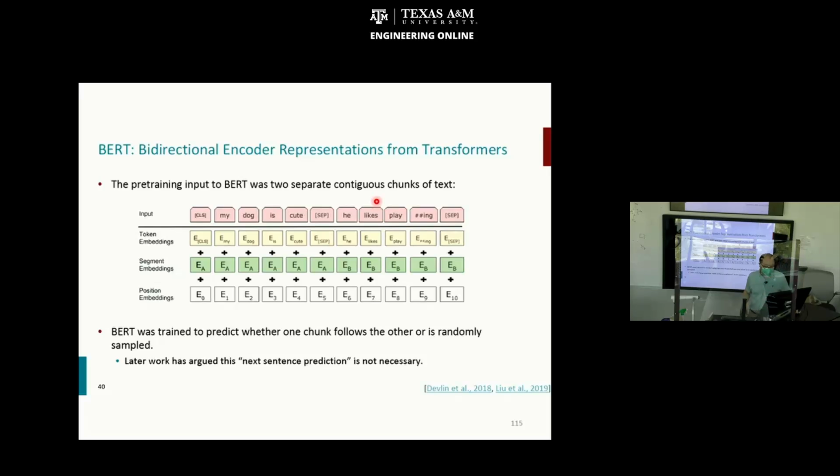Then BERT will be pre-trained to predict whether sentence 2 is randomly sampled or it's really following sentence 1, okay? This is something similar to what we introduced earlier on, but this is very interesting. This is dubbed the next sentence prediction, okay? But later work has argued that this kind of next sentence prediction may not be necessary.